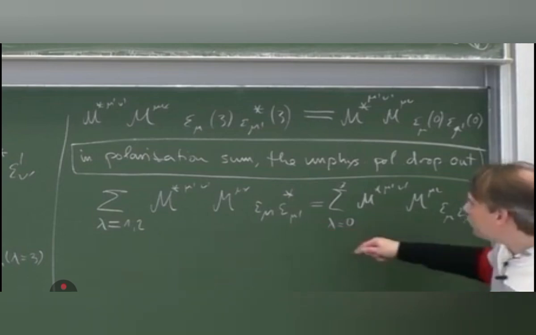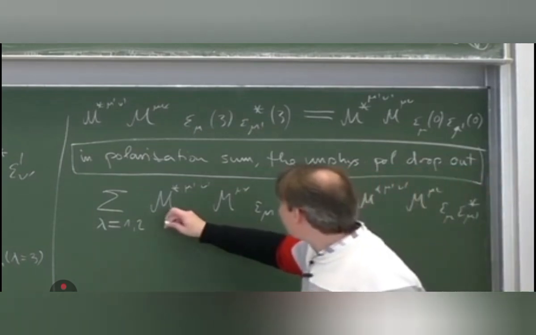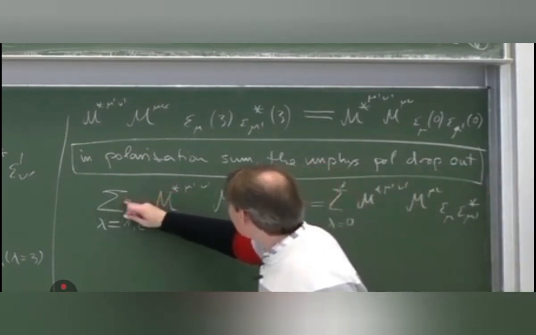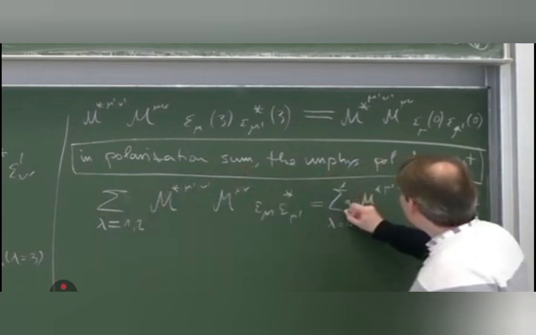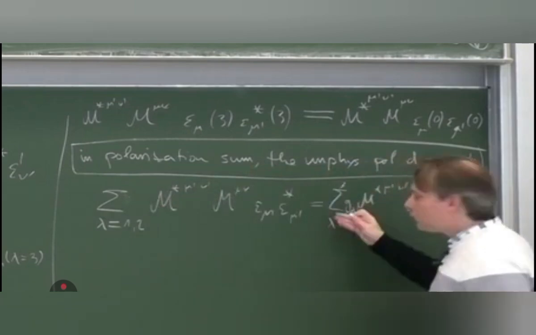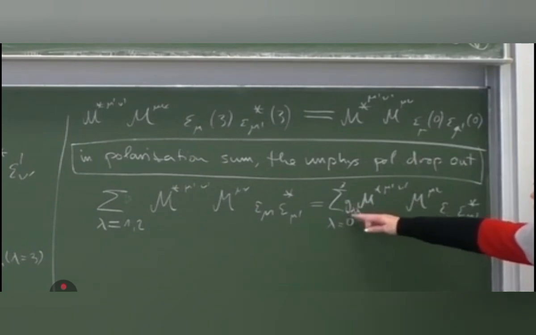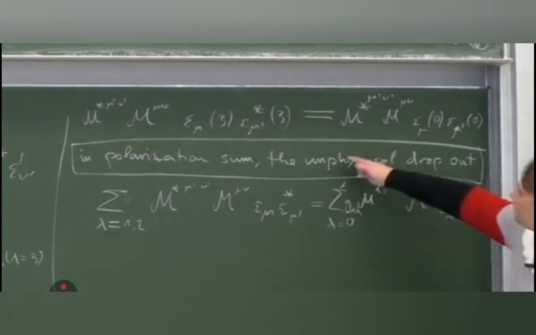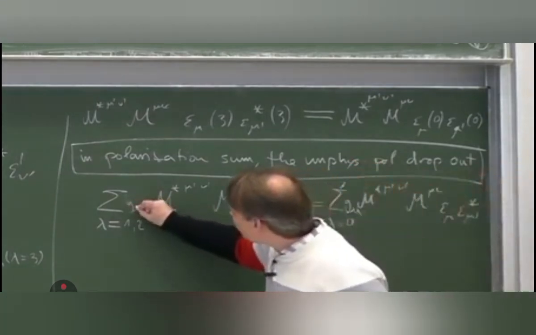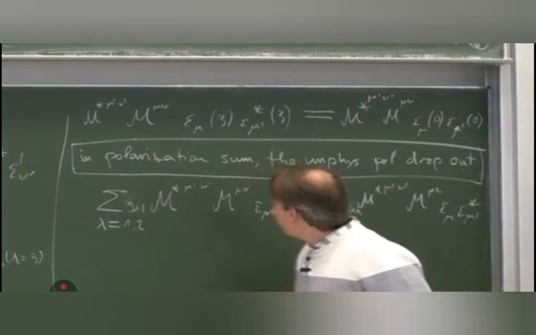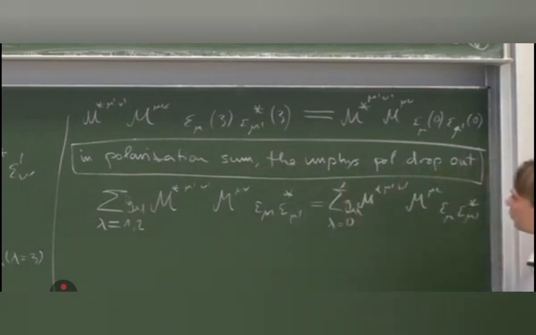Of course, I should multiply with this g lambda lambda, this norm that we always had in the summation of the polarization vectors. G lambda lambda means that we sum with the correct sign.